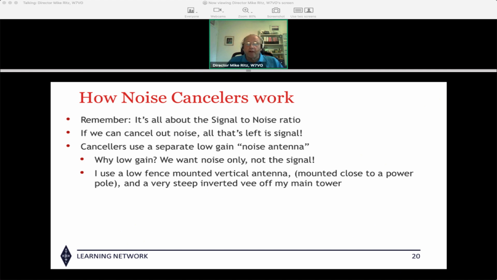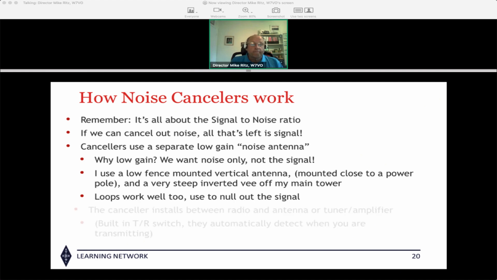And I've also got a very steep inverted V. It's an old 40-meter inverted V antenna that is laying along my tower, and its job is to pick up noise that gets picked up by the tower. So I have a couple of different antennas. Sometimes one works better than the other. If you have a loop, that works well too. You can also use that to null out the signal and mostly pick up the noise.